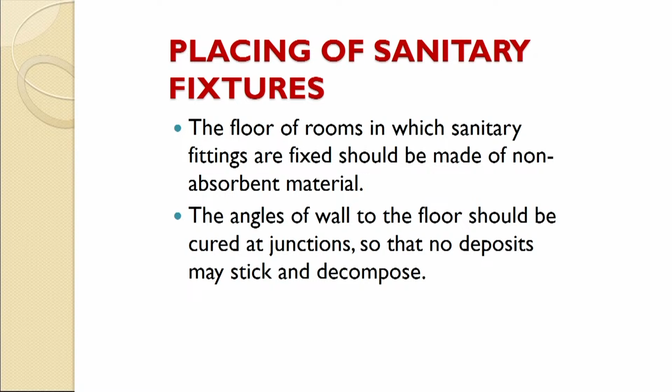The angle of the valve to the floor should be curved at the junction. Your walls are at a right angle, so you have a sharp edge. That should be curved so that there is no deposit, and nothing sticks or decomposes there.